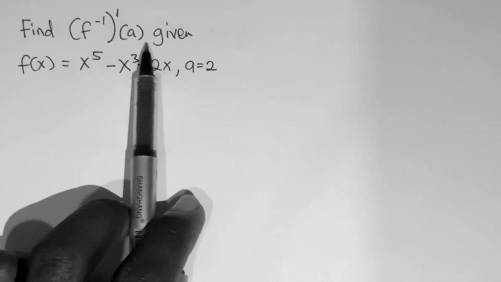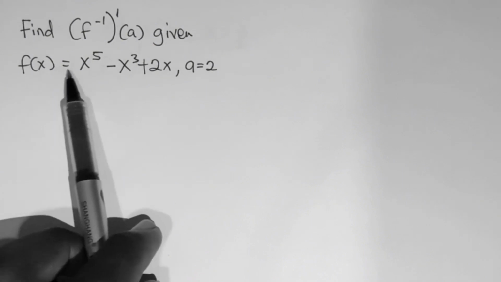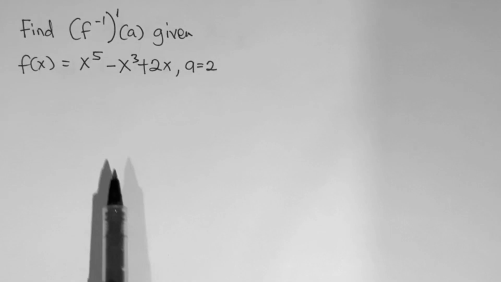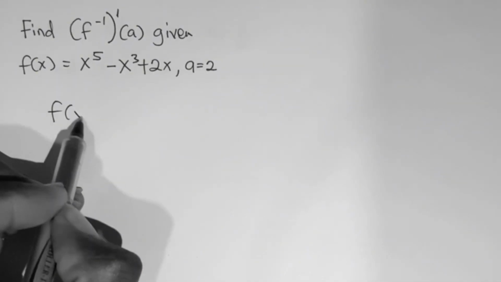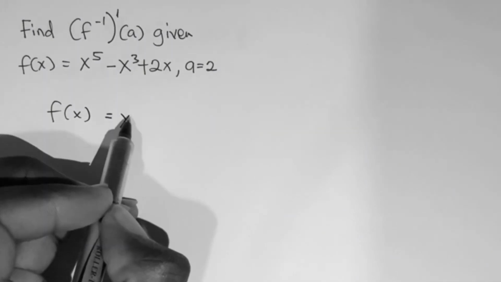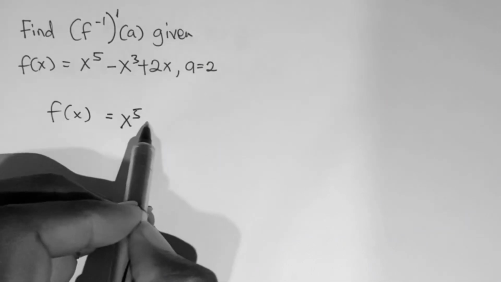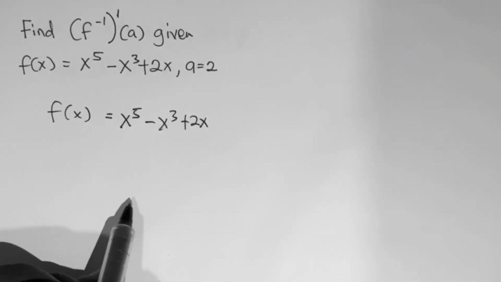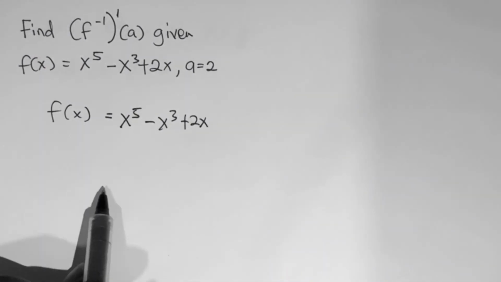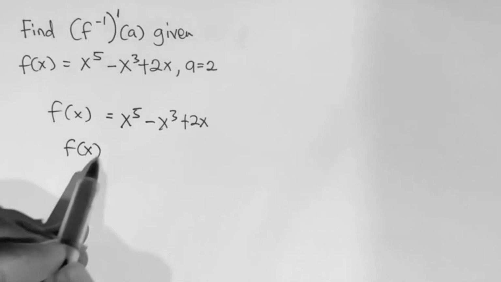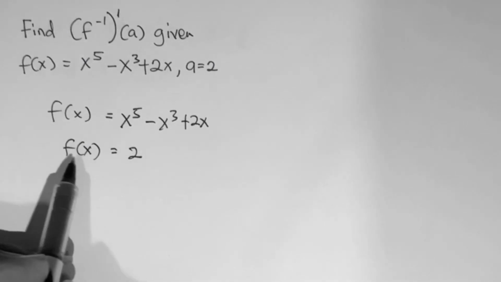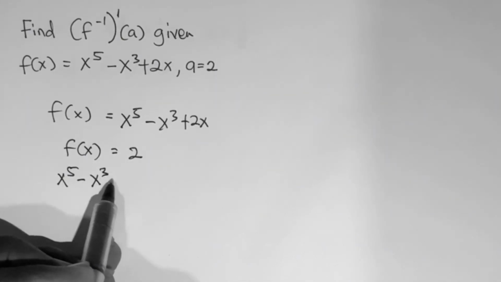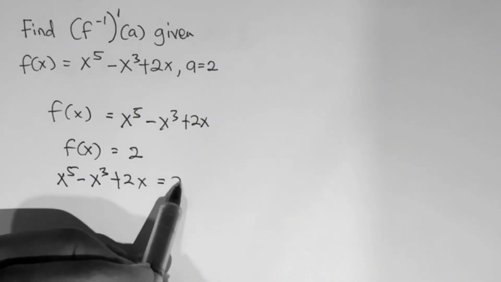Find f inverse prime of a, given f of x equals x exponent 5 minus x exponent 3 plus 2x at a equals 2. So f of x is equal to x exponent 5 minus x exponent 3 plus 2x. So now, at a equals 2 means that f of x is equal to 2. In other words, x exponent 5 minus x exponent 3 plus 2x is equal to 2.